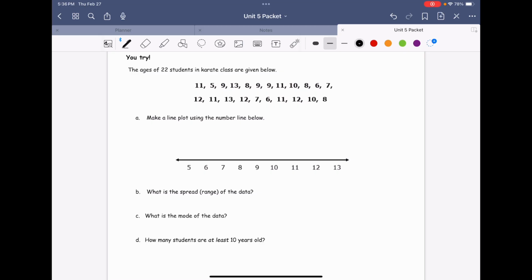All right, so you should have 1, 2, 2, all right, it should be 13 minus 5, which is 8. Our mode is 11. Students that are at least 10 years old, that is also going to add up to 11.